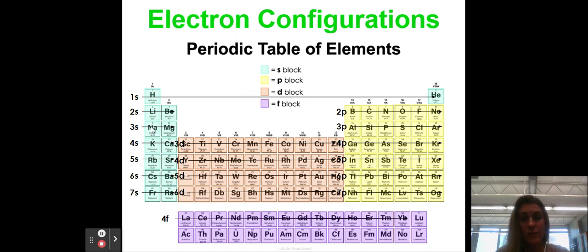Keep going, 3s2. Keep going, 3p6. Hop down here, 4s2. Now this becomes 3d, remember, and we're not filling it completely because we're at position 1, 2, 3, 4, 5, 6, 7, 8. So 3d8. So 1s2, 2s2, 2p6, 3s2, 3p6, 4s2, 3d8.